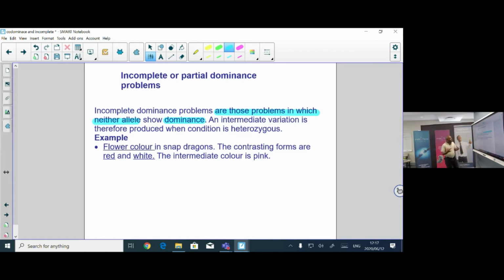They blend. An intermediate variation is therefore produced when a condition is heterozygous. That's very important to note. When the condition in the offspring is not homozygous, we will get a different outcome.